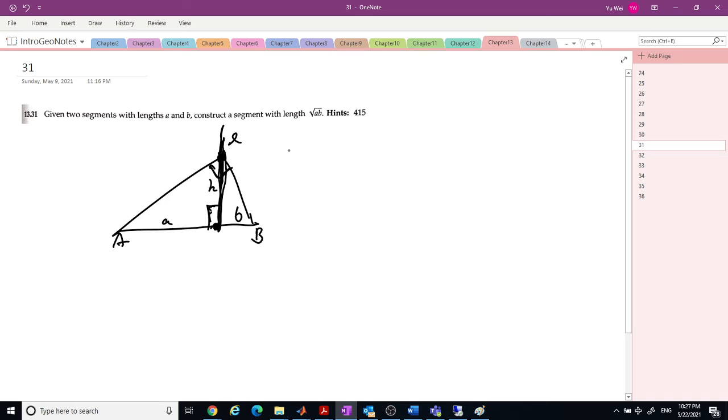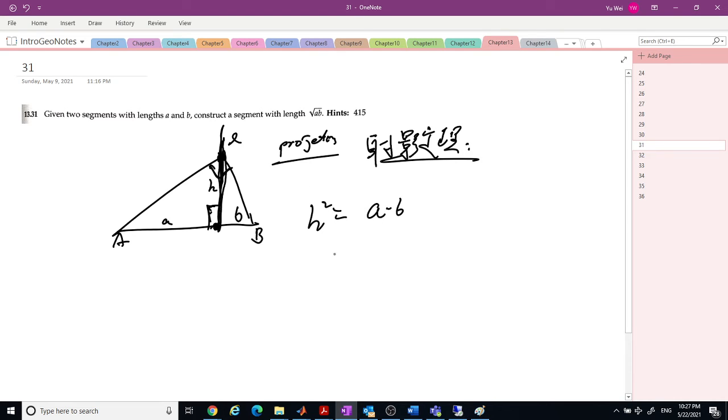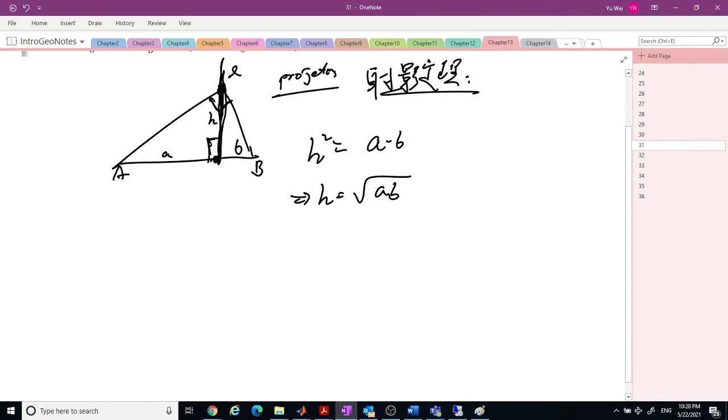Okay, according to the projection theorem, 中文叫摄影定理. We have H squared is equal to A times B. So we have H is root of A times B. Here we can use similar triangles, because here is theta and this is theta, right?